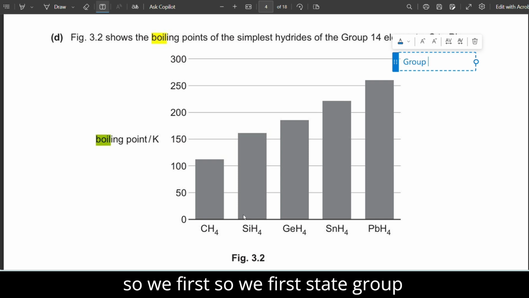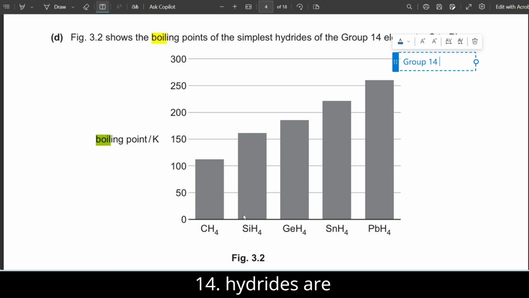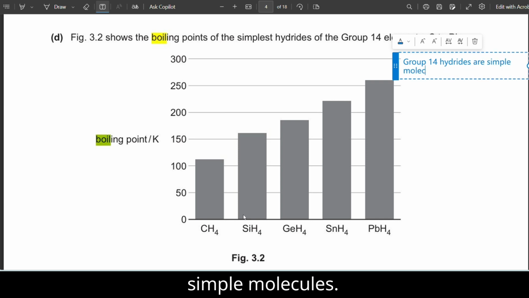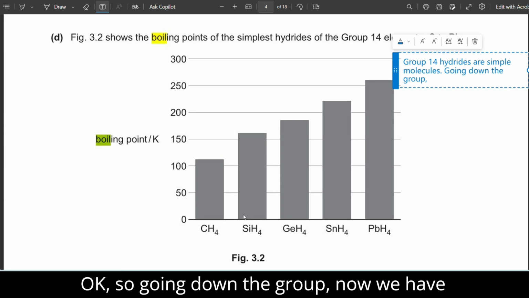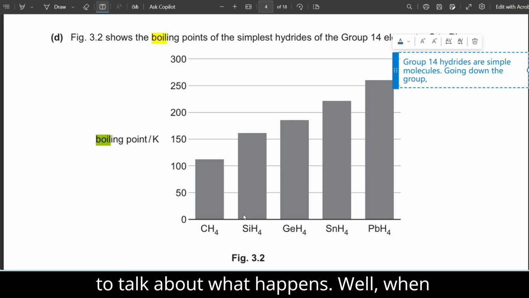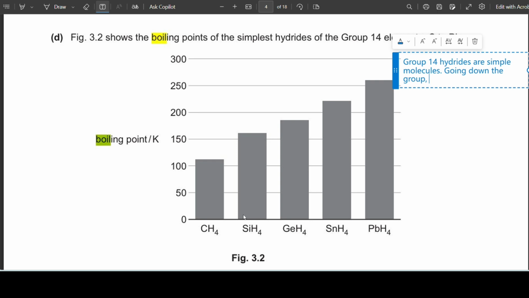So we first state group 14 hydrides are simple molecules. Going down the group, okay, now we have to talk about what happens. Well, when you go down the group, basically what changes?